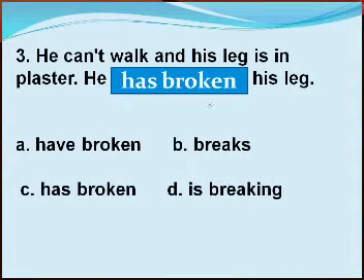We used the present perfect tense here because this is something recent. His leg was broken in the past, but it has something to do with the present time. And it cannot be have, because we have he, and he should take has.